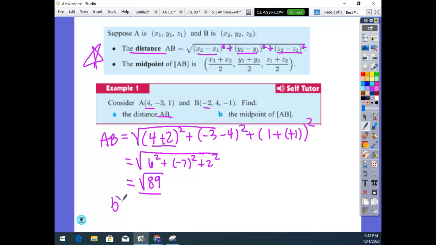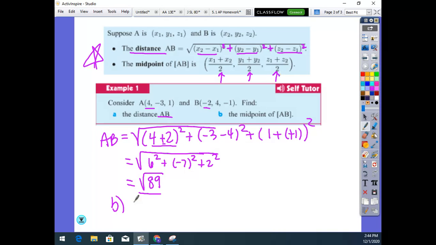So B, the midpoint. So think of midpoint as just the average of points. So we're going to average the x's, average the y's, average the z's. So we add them up and divide by 2. That's really when you're finding the middle of 2 points, it's the average.